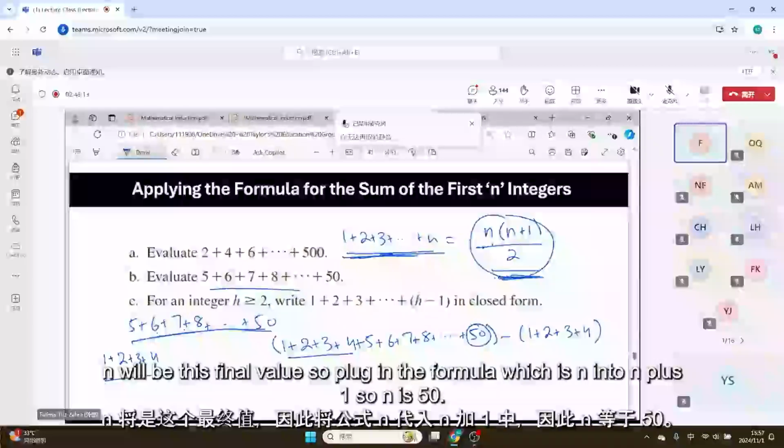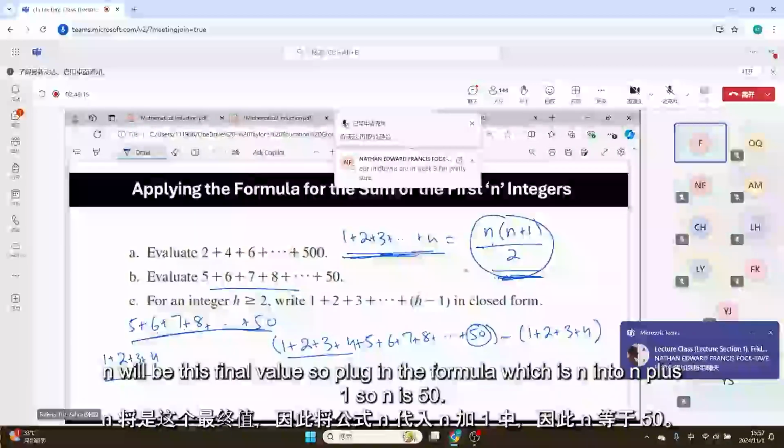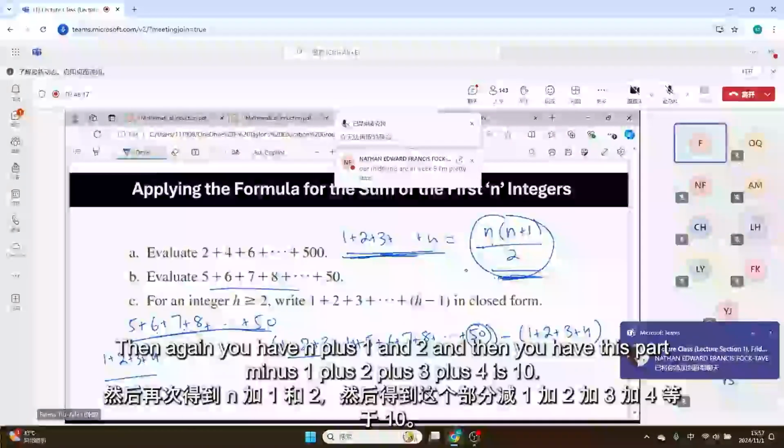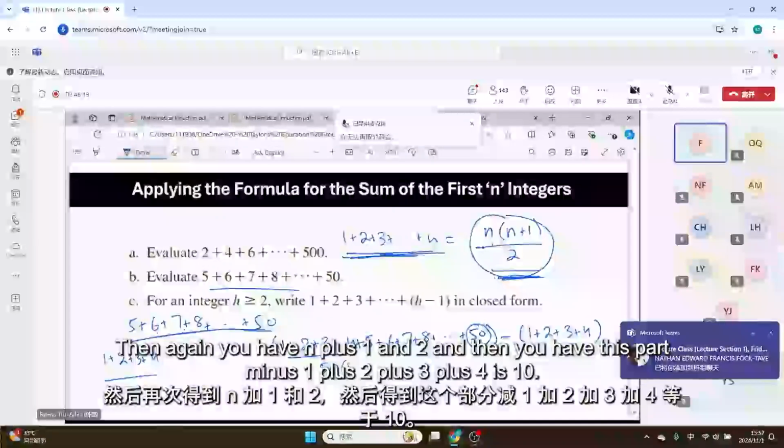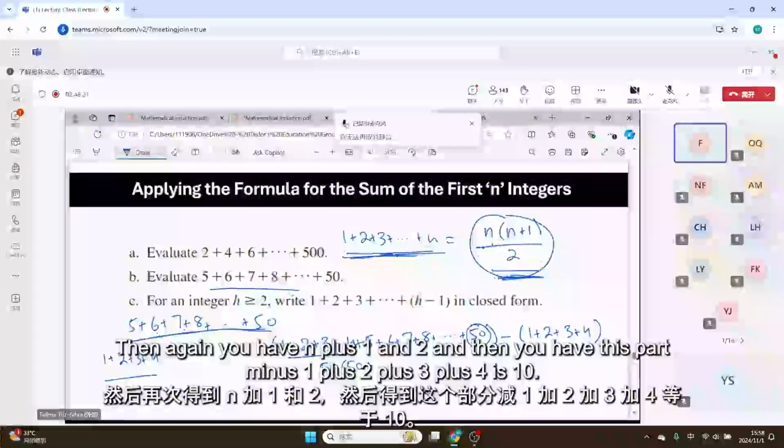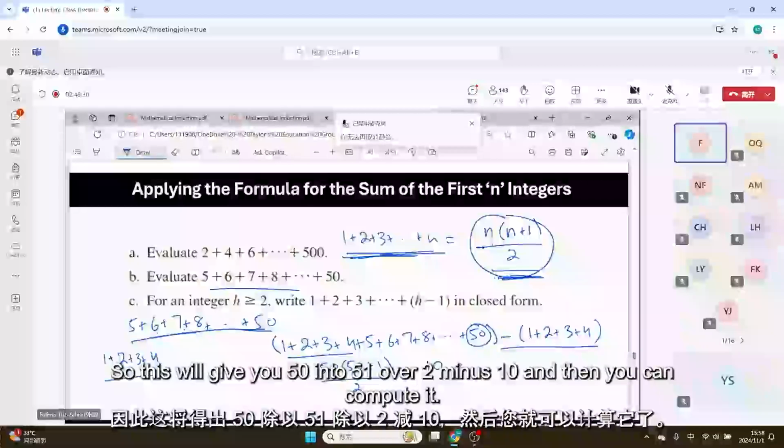So plug in the formula, which is n into n plus 1 over 2. So n is 50. Then again you have n, then plus 1, and 2. And then you have this part minus 1 plus 2 plus 3 plus 4 is 10. So this will give you 50 into 51 over 2 minus 10, and then you can compute it.